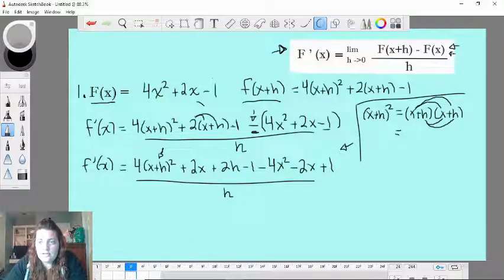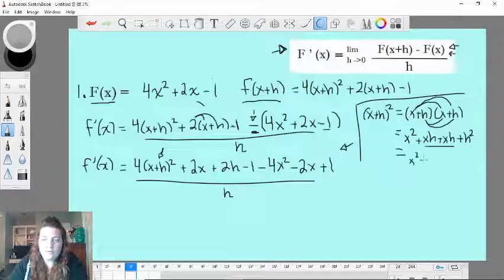So x times x is x squared, x times h is plus xh, h times x is plus xh again, h times h is plus h squared. So to simplify that, these two terms are the same, so you have two of them. So you'll have x squared plus 2xh plus h squared in this case.